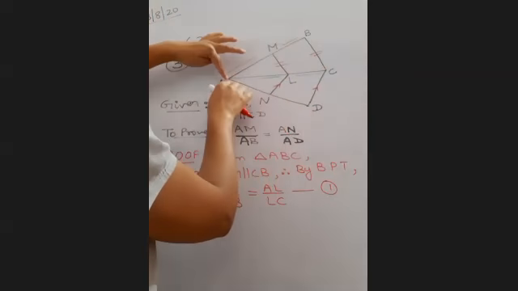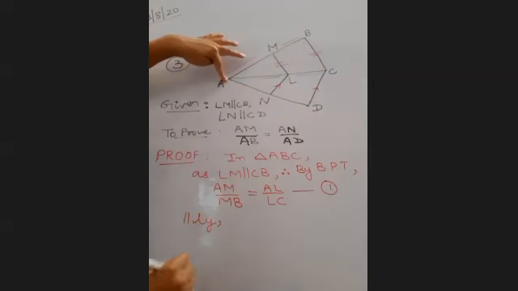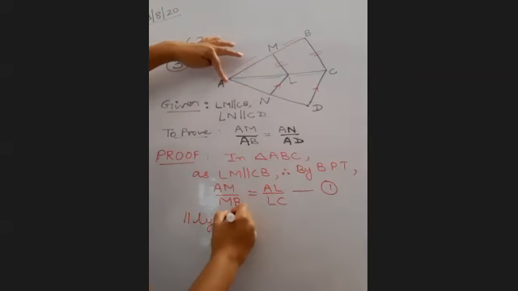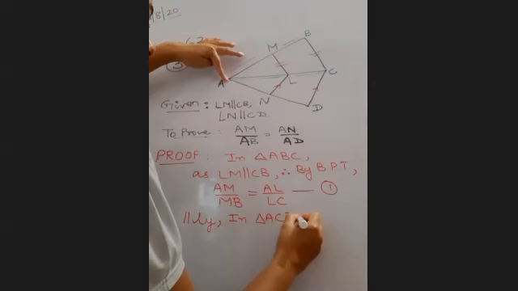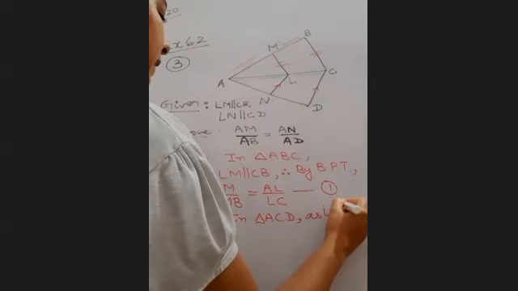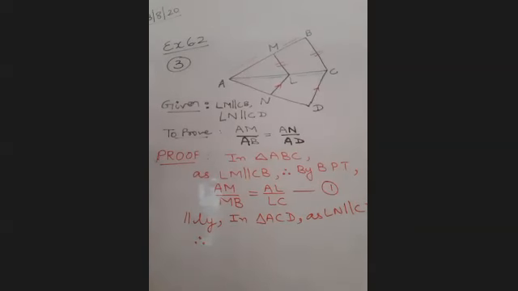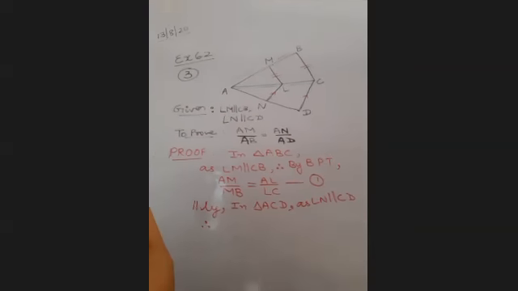From 1 and 2 we get, in triangle ACD, as LN is parallel to CD, since I have used the term similarly, I need not write by BPT again. So similarly, I have LN parallel to CD.